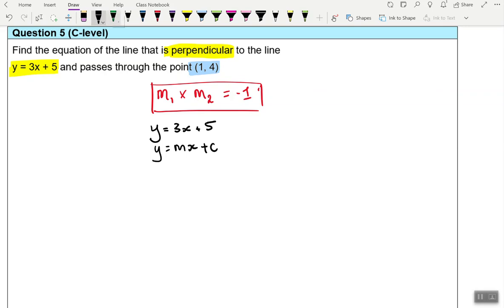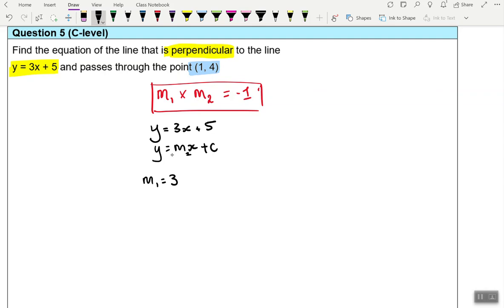Okay, so if m1, we're going to call this one m1, is 3, we need to find what m2 will be, so the gradient of my second equation. Then I can basically find m2 and c, so that will give us our new equation.